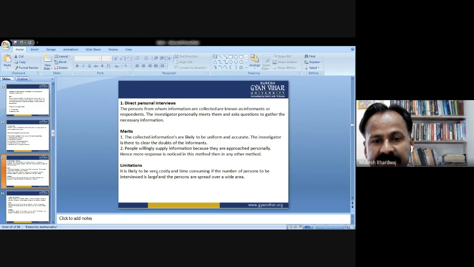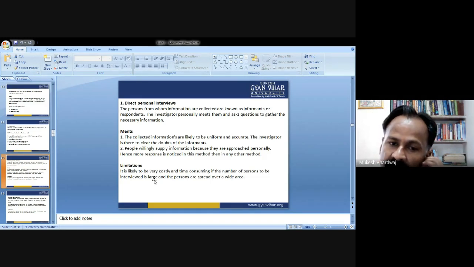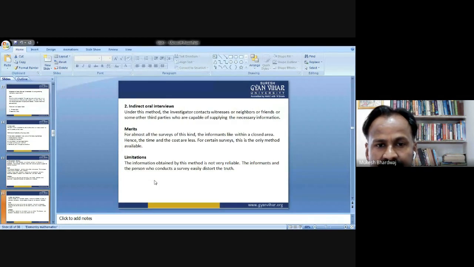If the number of persons to be interviewed is large and the persons are spread over a wide area, it is very obvious that if an interviewer goes person to person collecting the data, it is time consuming. Secondly, it is very costly. This is the demerit or disadvantage of the direct personal interview method.